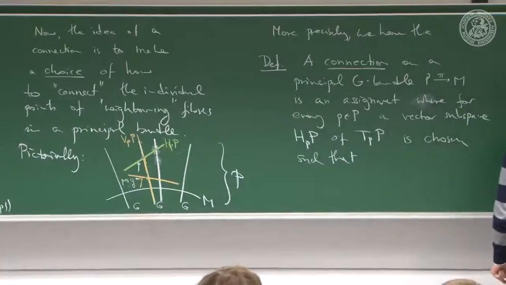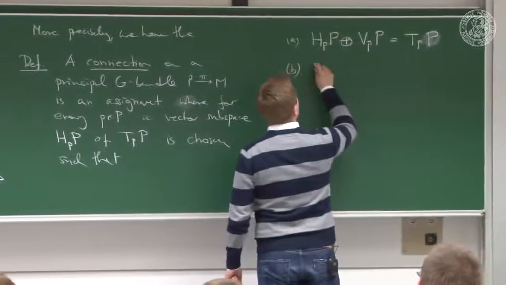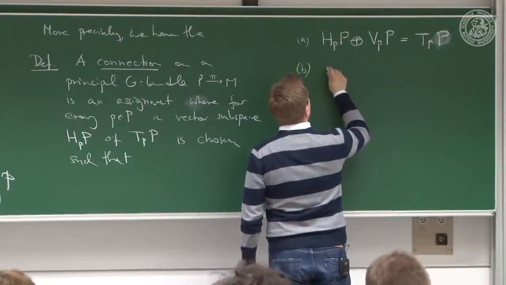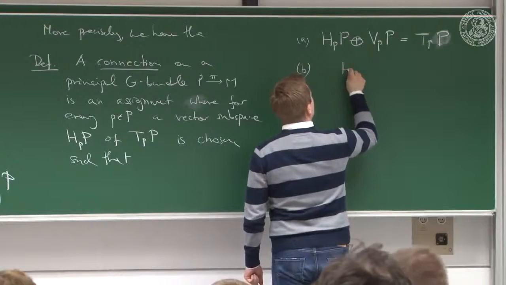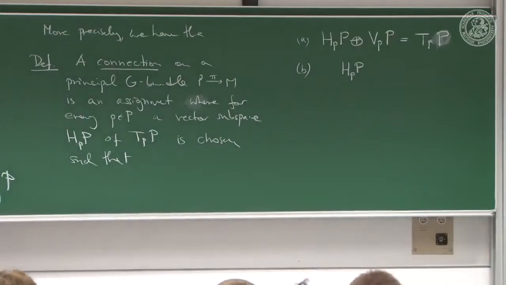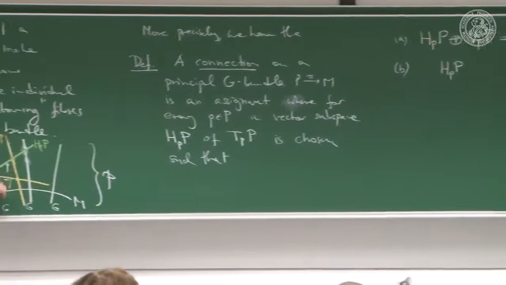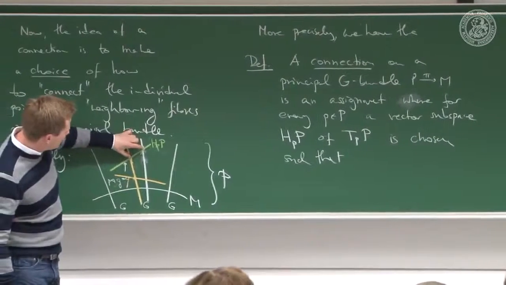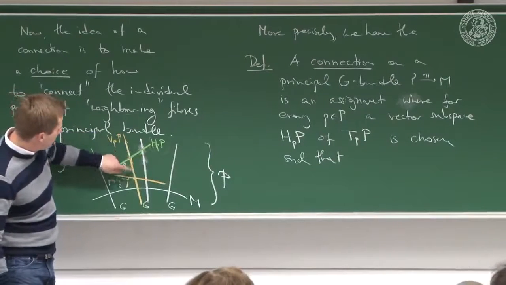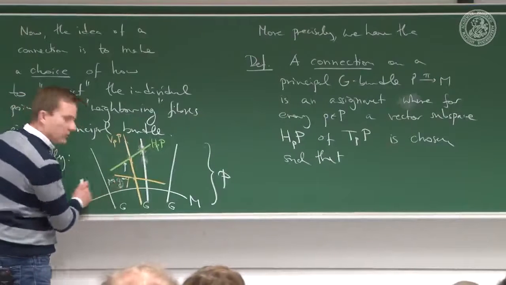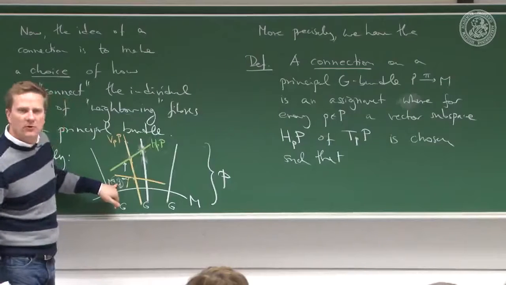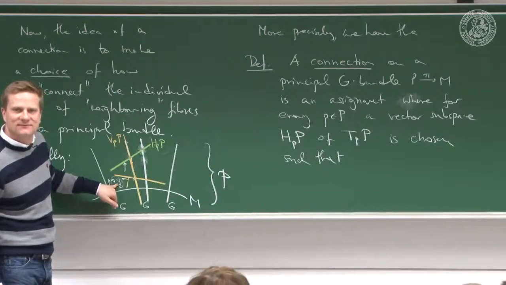And there the idea is that if I act, so let's say I take any element of this horizontal subspace at this point P, how can I relate vectors that lie in here to vectors that lie in here? Well, I go from here to here by the right action of the group. But if I want to relate the vectors, I need to look at the push forward of the right action.